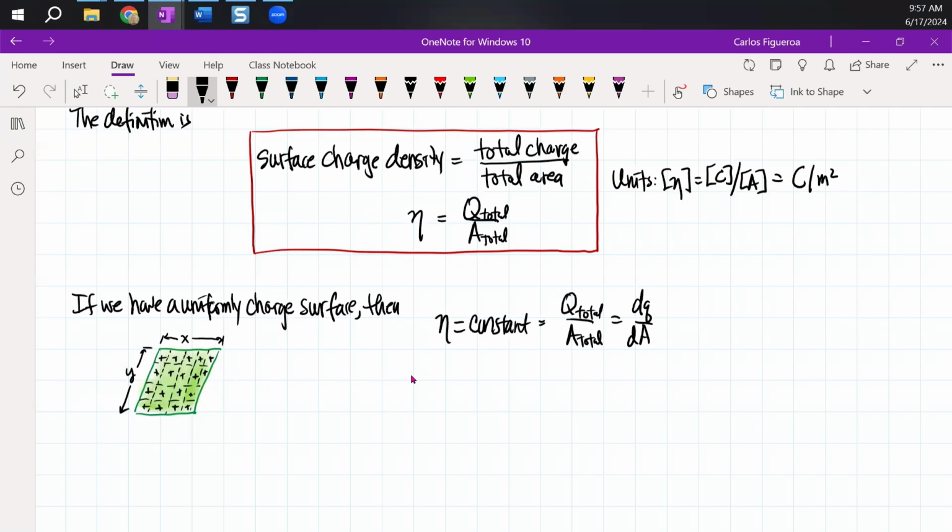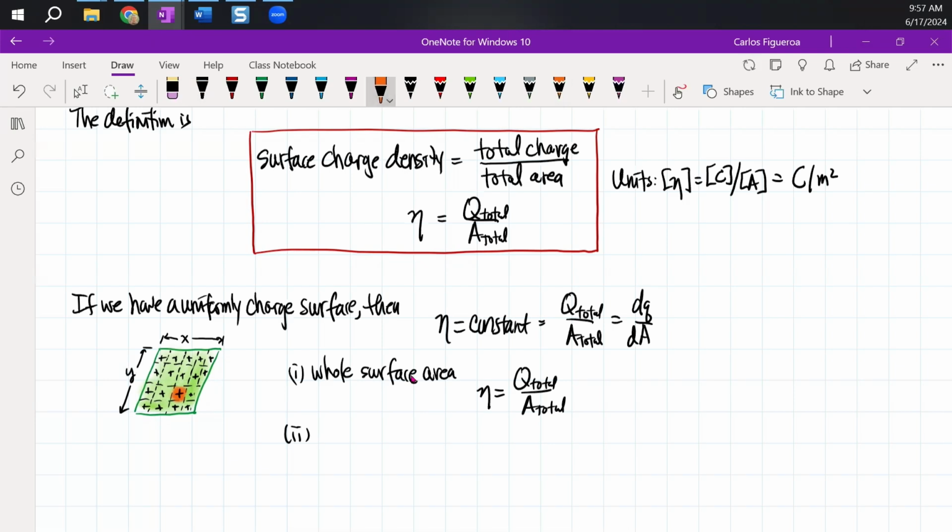So then if I look at the whole surface area, eta is going to be equal to big Q over the total area. But if I'm looking at just an infinitesimal amount, let's say I look at this one right here, I know that it contains a little bit of dq.